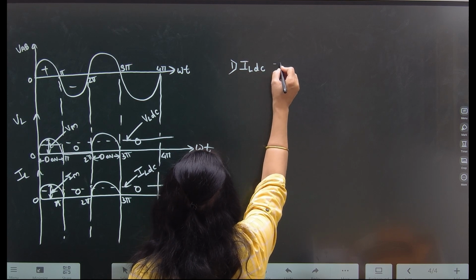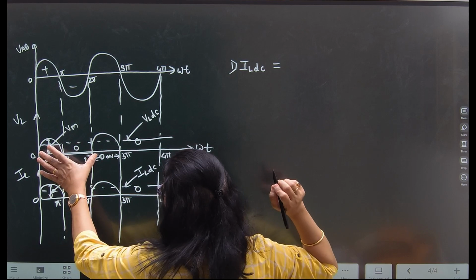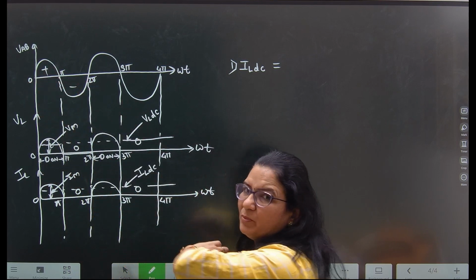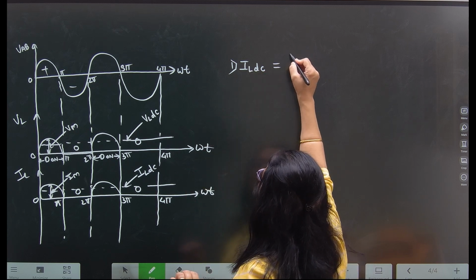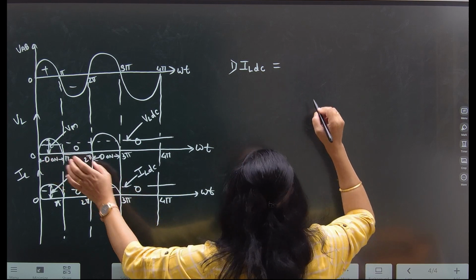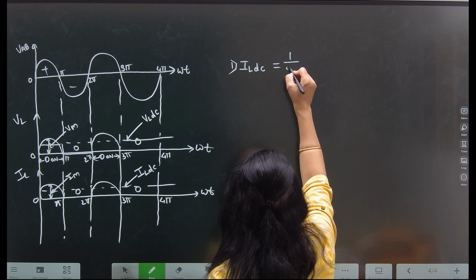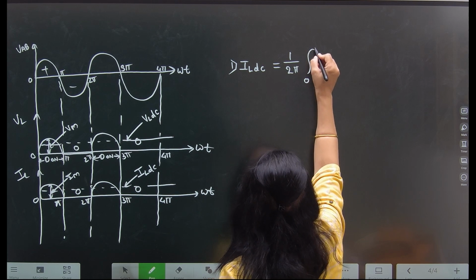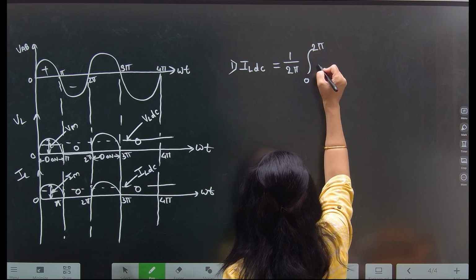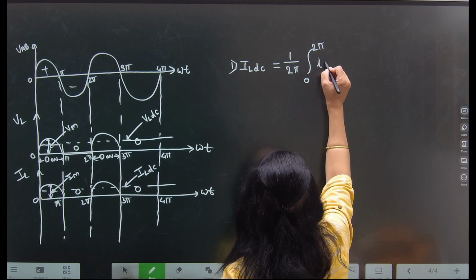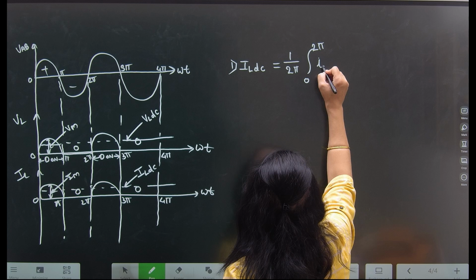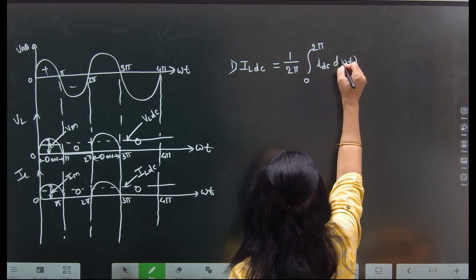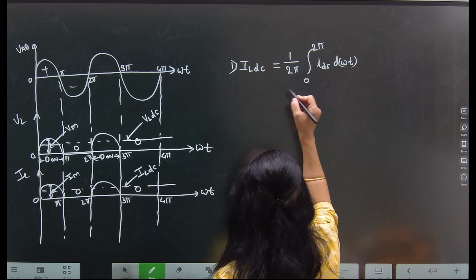If we consider one input cycle, then it starts from 0 and ends at 2 pi. So one input cycle is from 0 to 2 pi. Therefore the formula is 1 upon 2 pi, integration from 0 to 2 pi of I into d omega t.